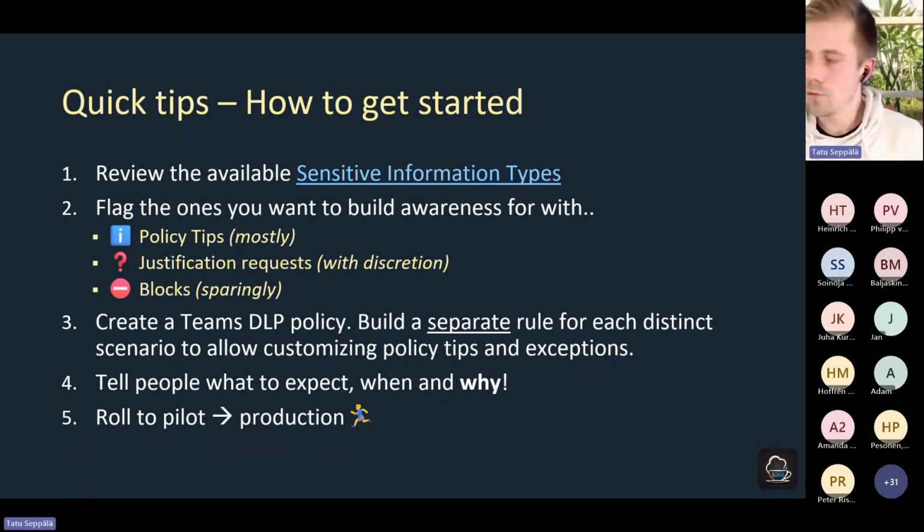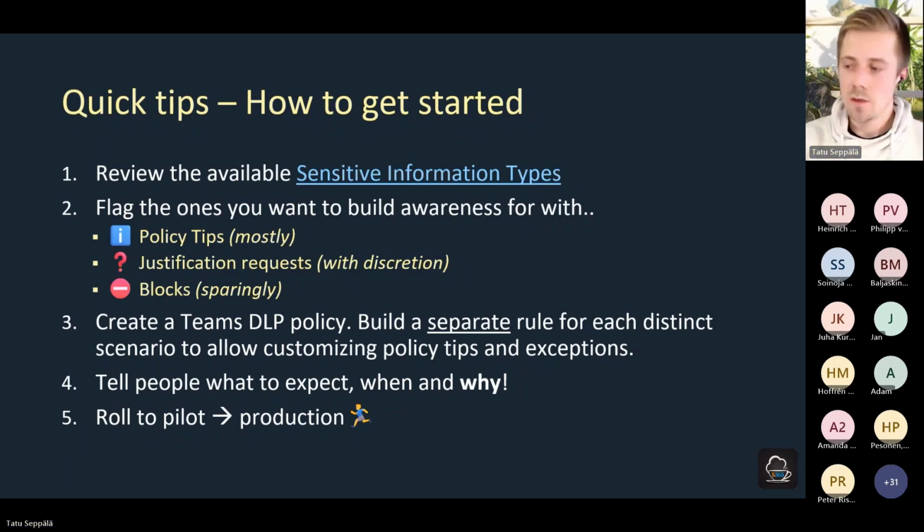I would build a separate DLP rule for each distinct scenario, just because you can then customize the policy tip texts according to scenario, which is very useful since you want to inform people and not just block things. And comms are very important. If people start seeing these literal red flags in their Teams without knowing what they are, they're going to freak out. Red flags freak people out if they don't know what they are.